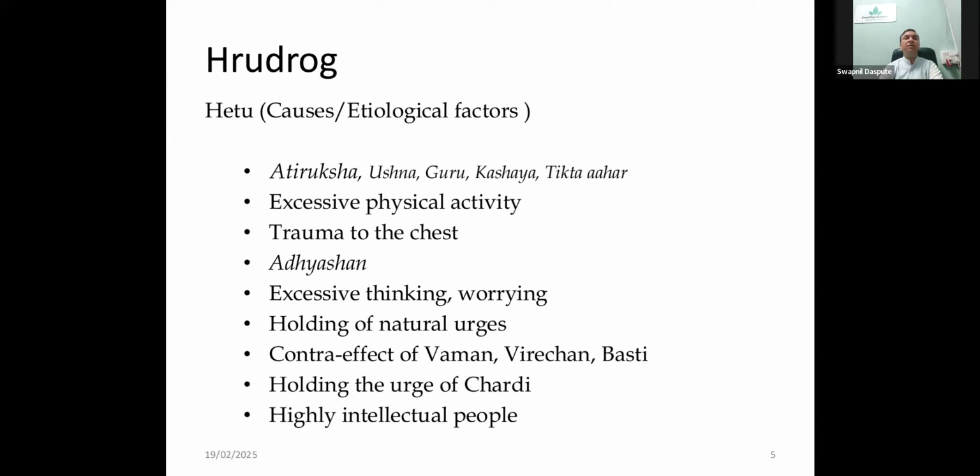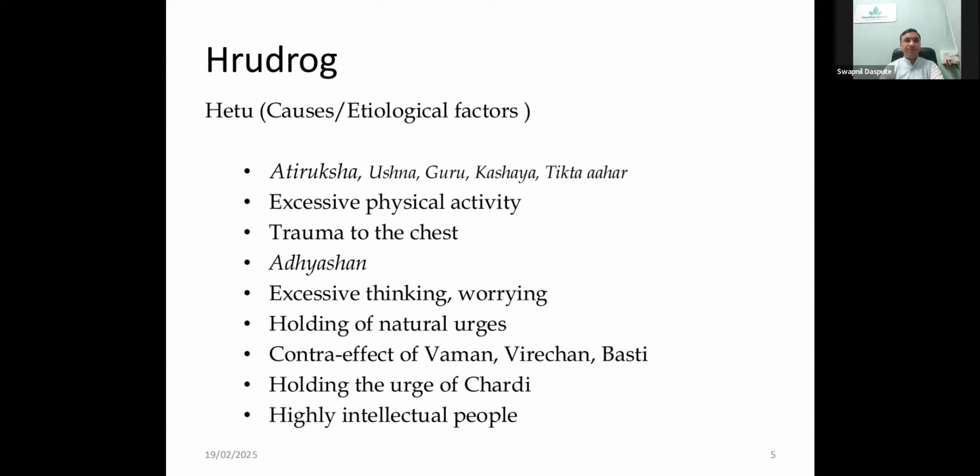We have seen that anything which requires more strain on the muscles is ultimately going to strain two organs. Which two organs? Heart and lungs. Very, very good. So excessive physical activity is going to strain the heart.